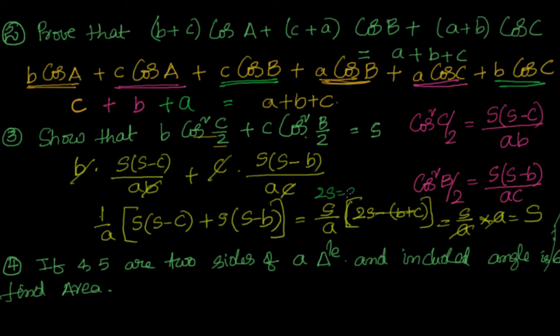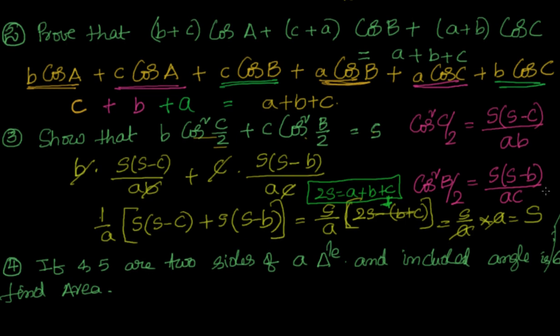If 4 and 5 are two sides of a triangle and the included angle is 60 degrees, find the area. If you remember, when we went through the area of a triangle, we said if you know two sides and the included angle, there is an easy formula.